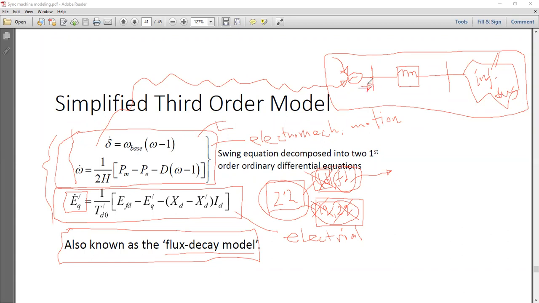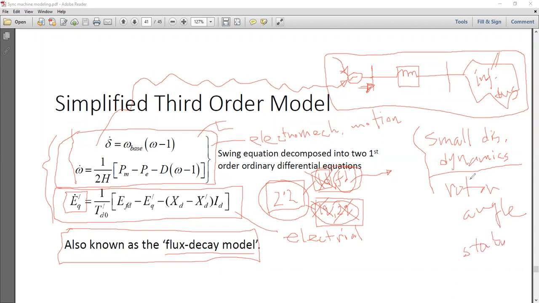So the model that we are focusing on is the small disturbance model. We'll be looking to analyze the small disturbance dynamics, and we'll be looking at the rotor angle stability. So this will be our target for the time being.